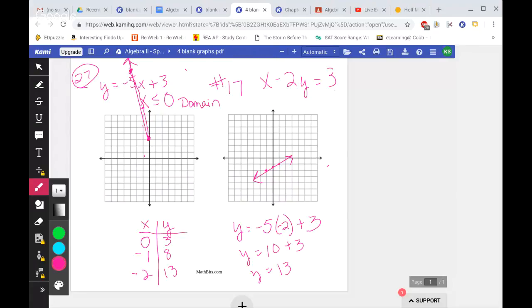But the most important thing is to realize that because we've limited the domain, our range is also going to be limited. And this is the lowest point. So y is going to be greater than or equal to 3.